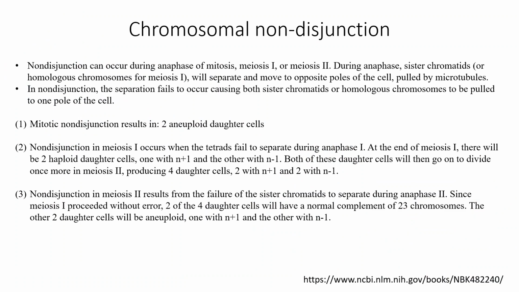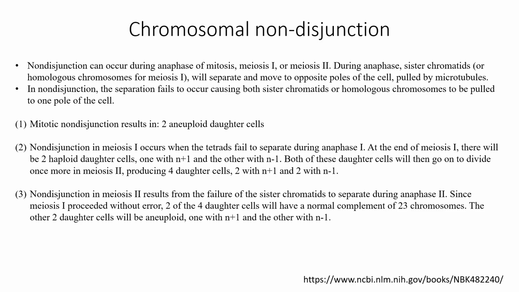So if we don't have proper disjunction, then we can have a host of different ploidy related issues. Non-disjunction can occur during anaphase of mitosis, which we have seen in earlier lectures, meiosis 1, or meiosis 2.